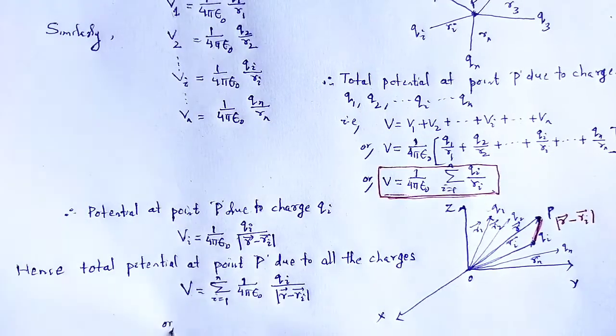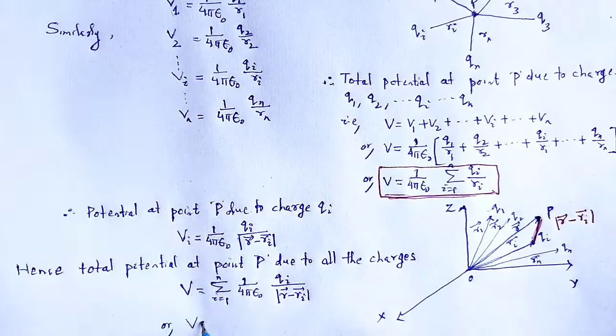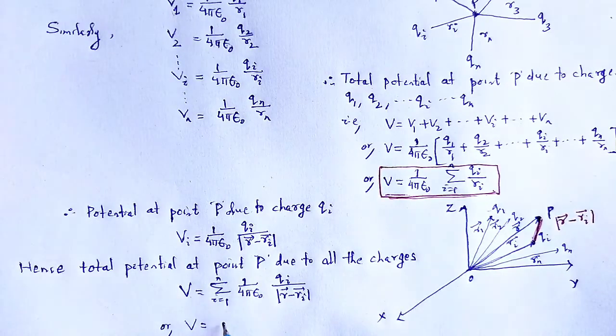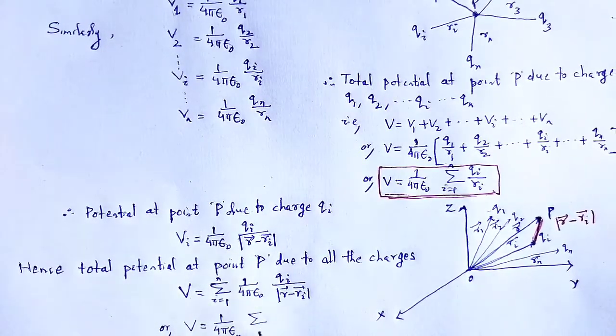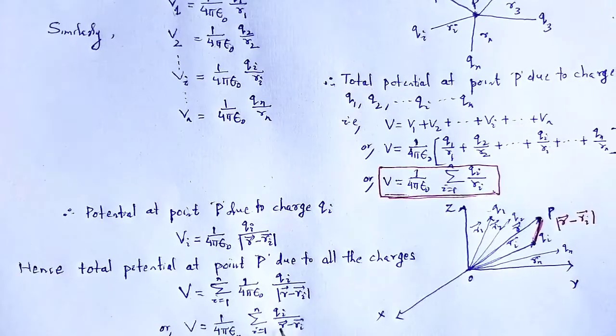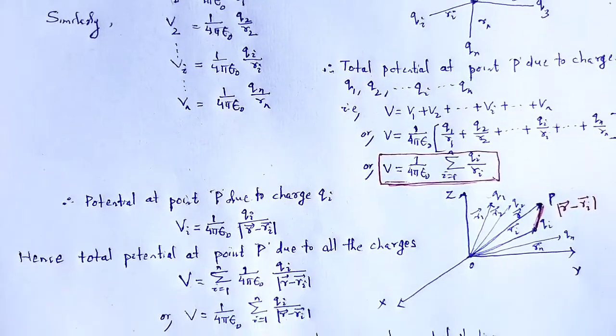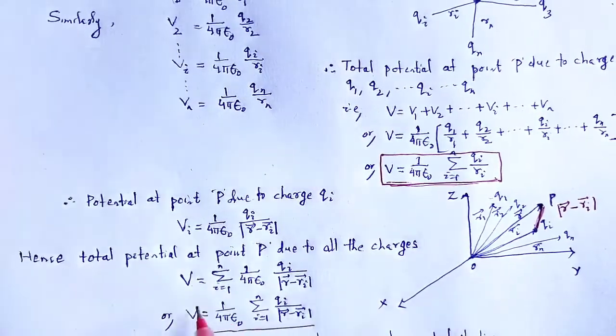That can be written as the total potential V equal to 1 by 4 pi epsilon naught summation over i equal to 1 to n of Qi divided by the magnitude of r minus ri, and the total potential.